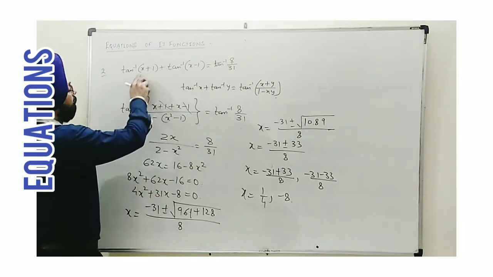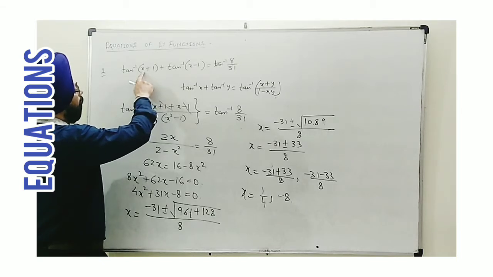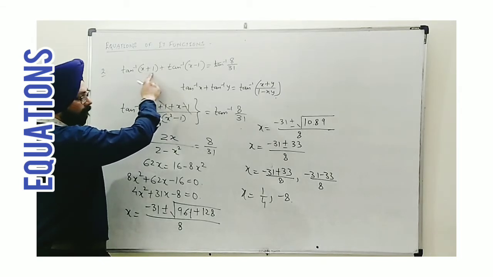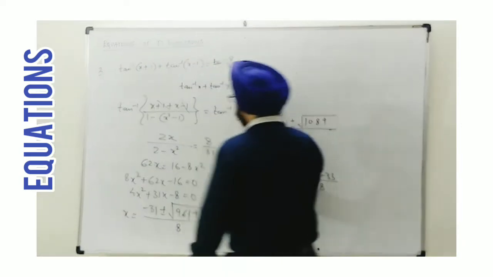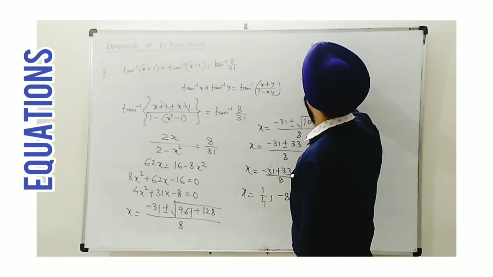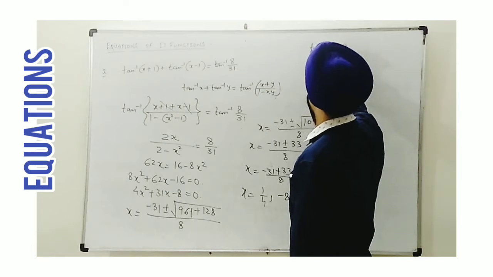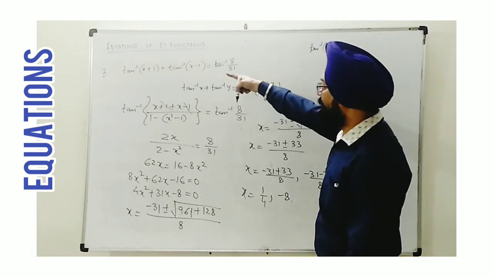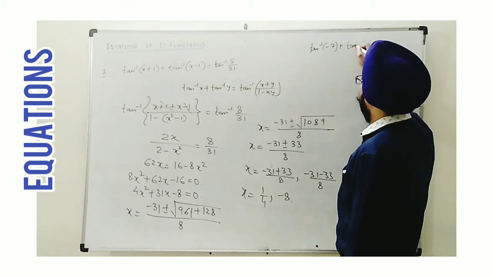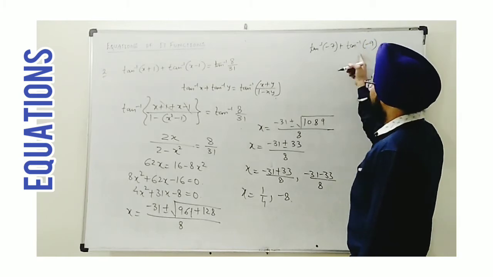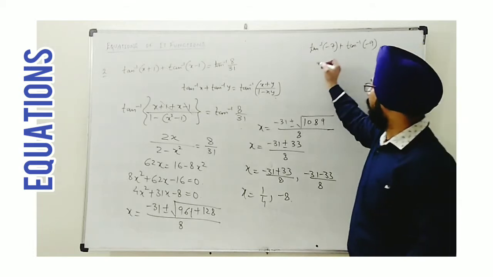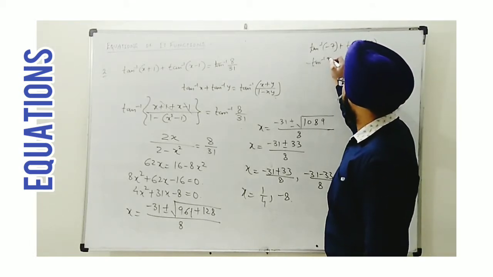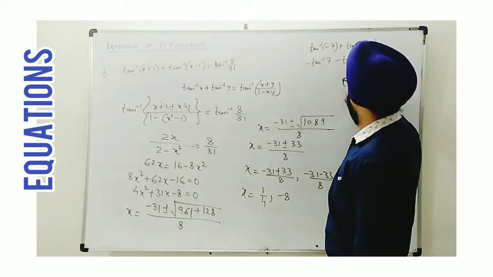If I take minus 8 here, we will have minus 8 plus 1, minus 7, and tan inverse minus 7, as I verify, from the first term. The second term, minus 8 minus 1, gives tan inverse minus 9. When I simplify these two, tan inverse minus x gives the conclusion minus tan inverse 7 minus tan inverse 9.